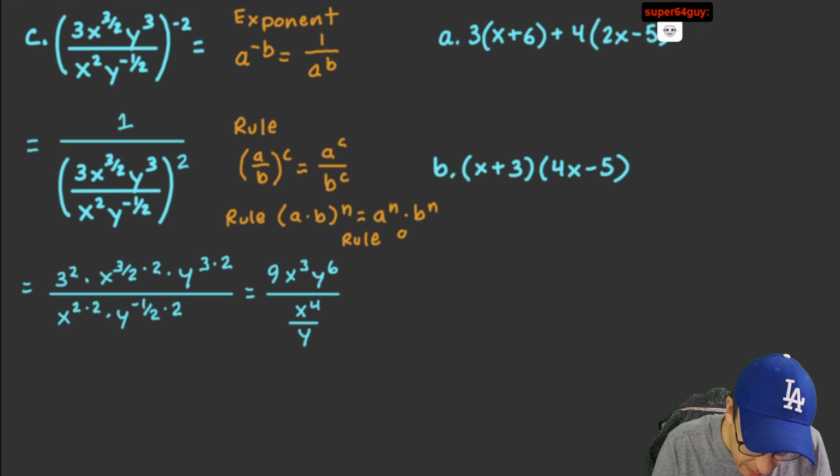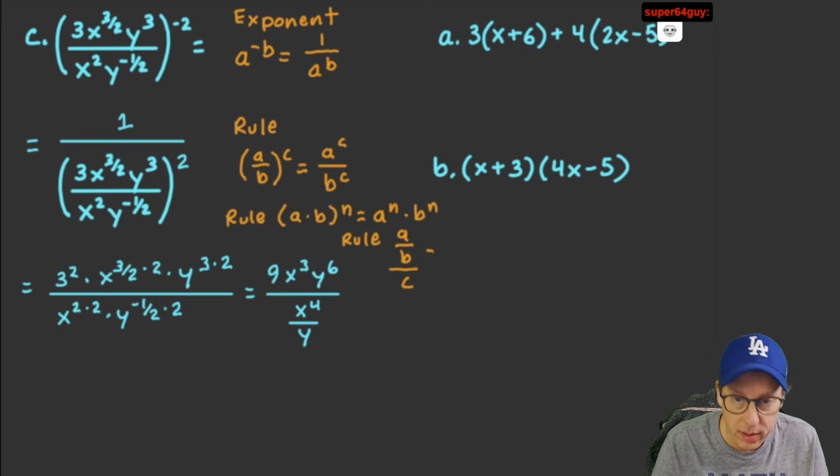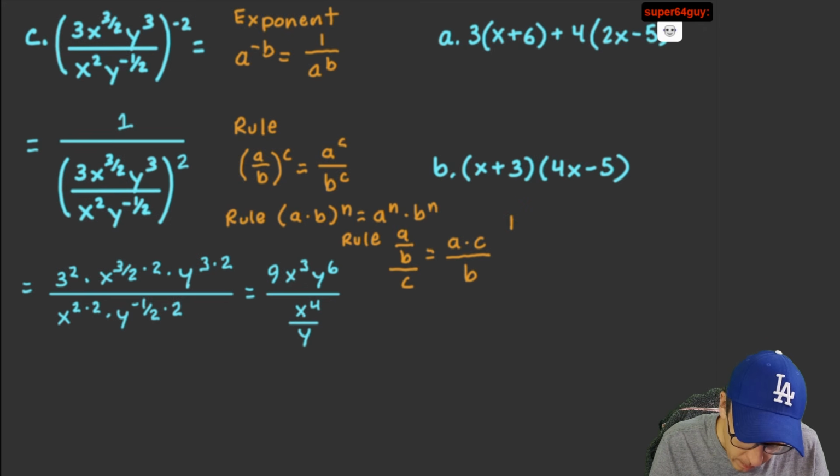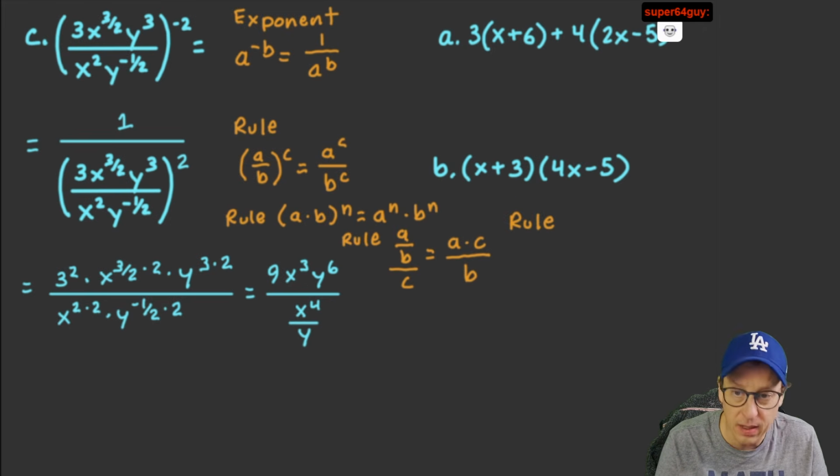Okay, another rule we have. If we have a over b over c, we're going to be able to convert this to a times c over b. Another rule, and these are basically all the things you need to memorize.